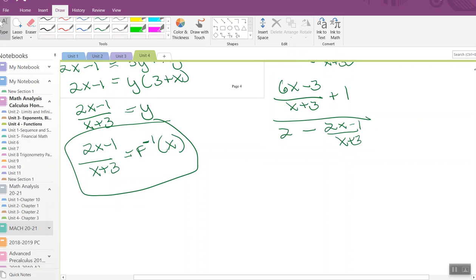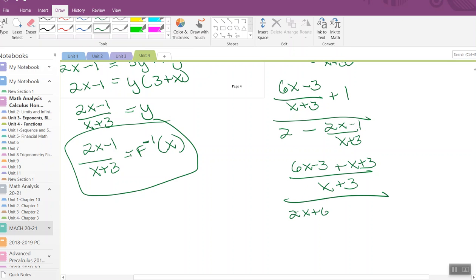Then get a common denominator, so it's (6x minus 3 plus x plus 3) over (x plus 3). And then here it's 2 times (x plus 3), so 2x plus 6 minus, and now you can distribute the negative, minus 2x plus 1, over (x plus 3).